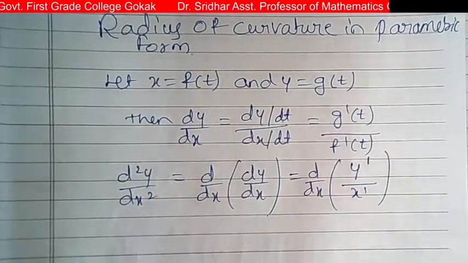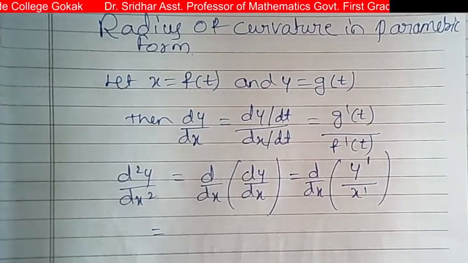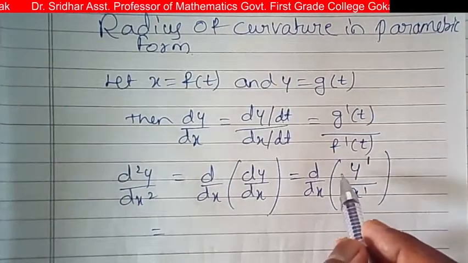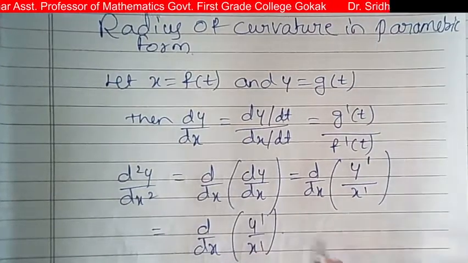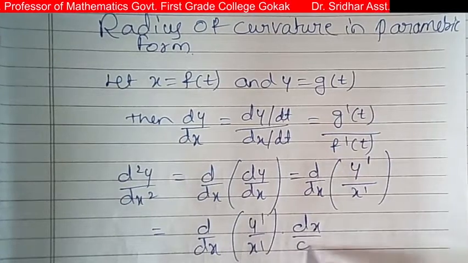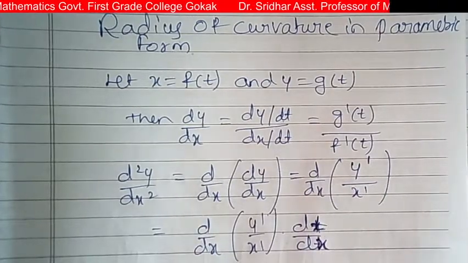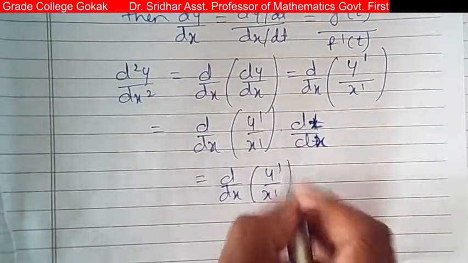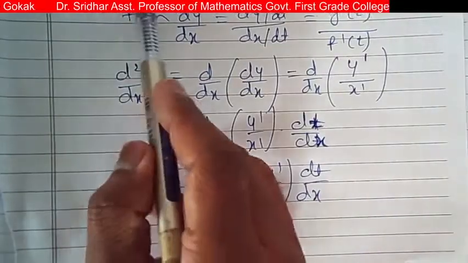Now we differentiate this, applying the quotient rule. First we differentiate d/dx of y dash by x dash, and then differentiate t with respect to x, that is d/dx of (y dash by x dash) into dt/dx, because x is a function of t.